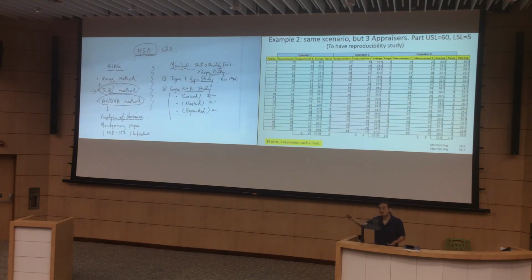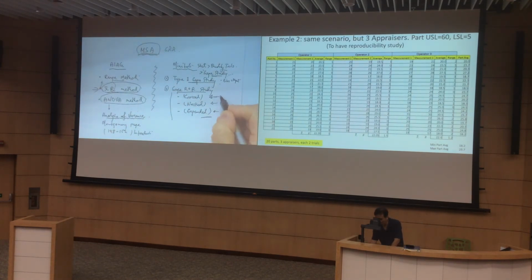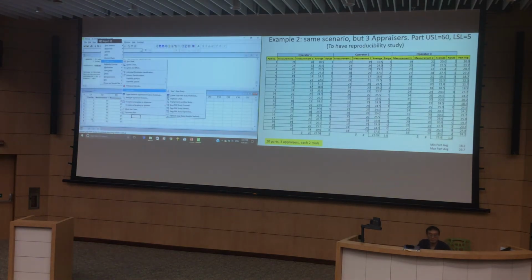You then have a different set of numbers and have to handle them, which gives more complicated equations. All these are based on ANOVA. And for the Crossed one, you can have X bar R or ANOVA inside Minitab.